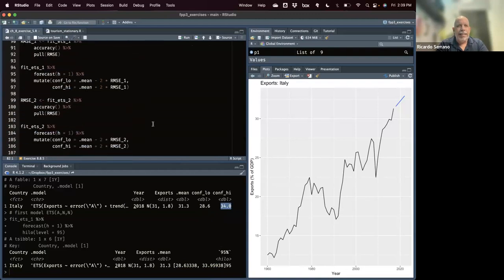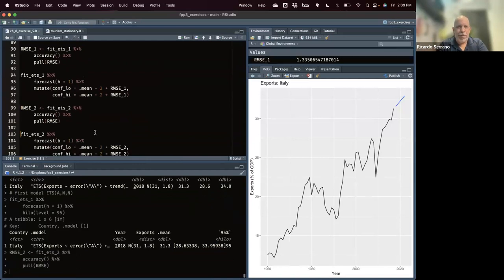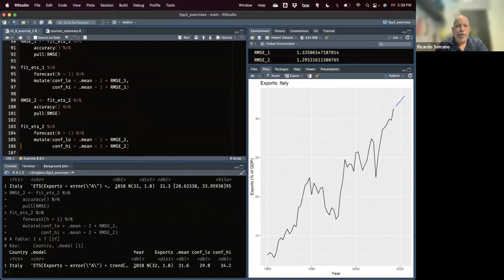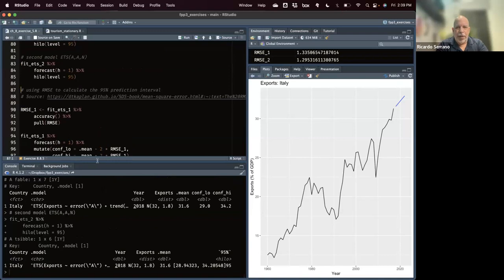And the same operation for the next model. I pull the RMSE and then calculate the lower and upper values of the confidence interval using two RMSEs. And we have here 29.0, 28.94, very similar, and 34.205, 34.2.